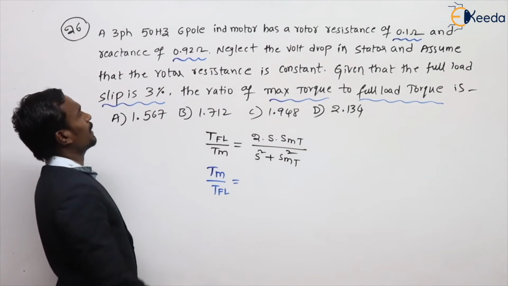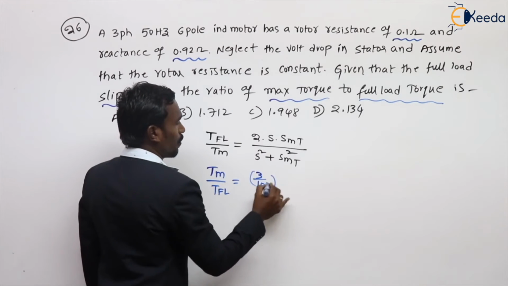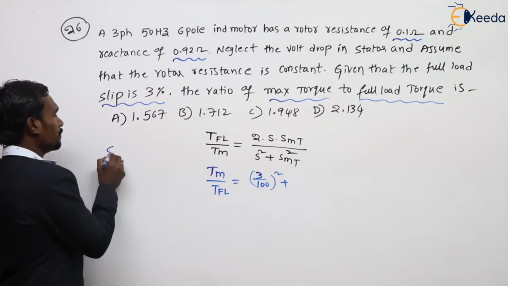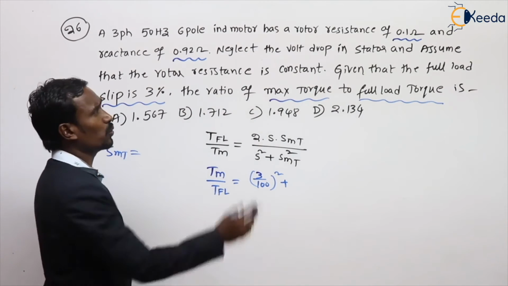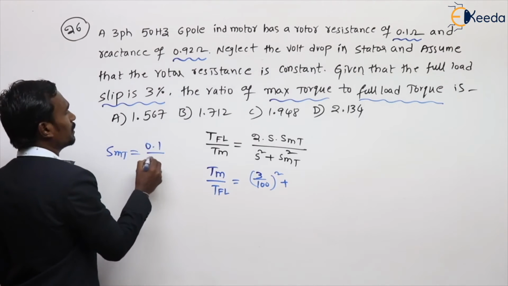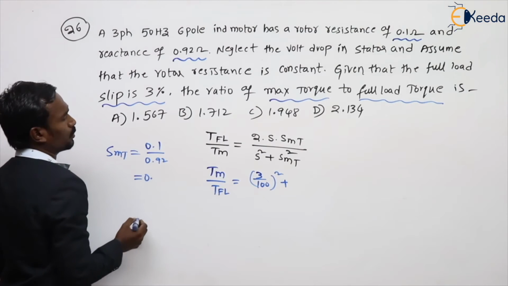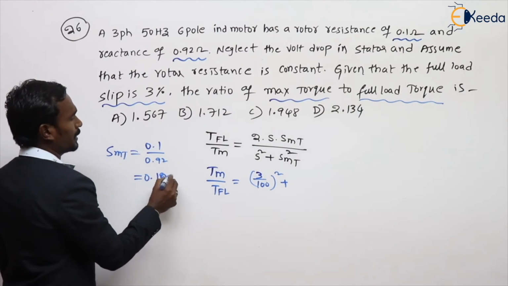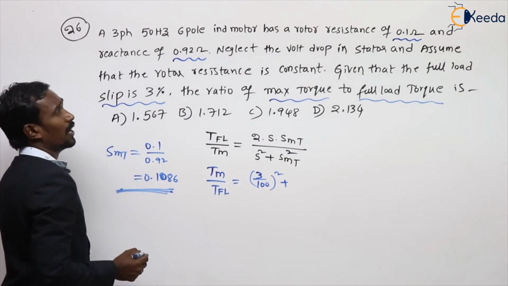What is S square? 3% square, plus SMT square. SMT is equal to R2 by X2. R2 is 0.1, X2 is 0.92, so SMT is 0.1086, R2 by X2.